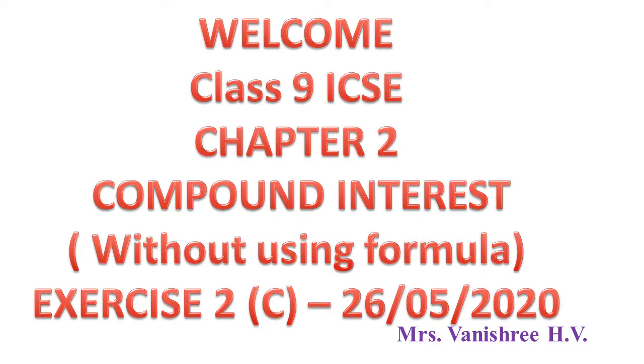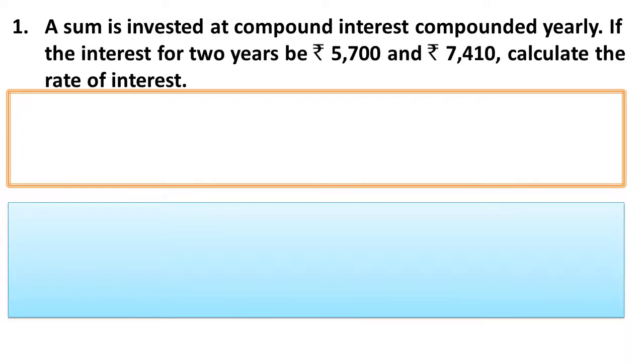The difference between the compound interests of two consecutive years is the interest for 1 year. In the same way, the difference between the amounts for two consecutive years is also the interest of 1 year. Keeping these 2 points in mind, let us solve some problems of exercise 2C.